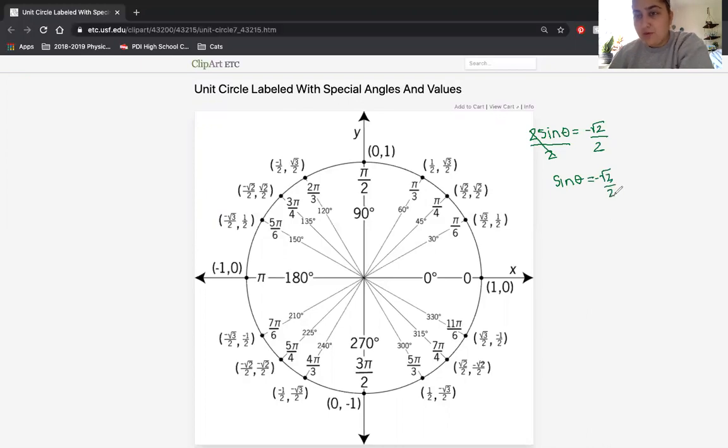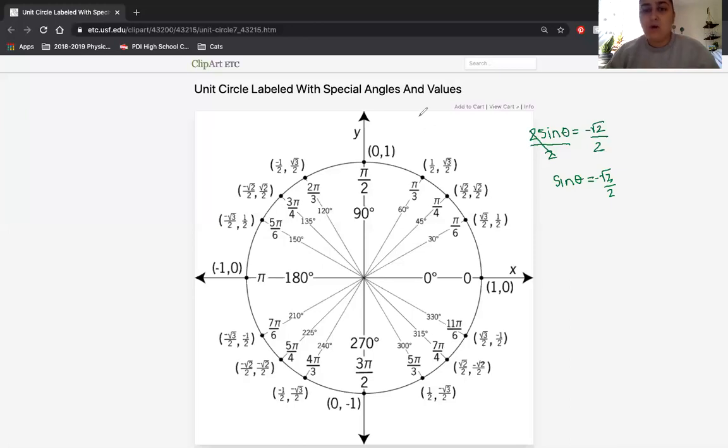Before we knew the unit circle, we talked about inverses and taking the inverse to get theta alone, and how we can use our calculator to plug in the inverse of sine of negative root 2 over 2. But now we don't really need to do that if we have a unit circle and we know that negative root 2 over 2 falls on the unit circle.